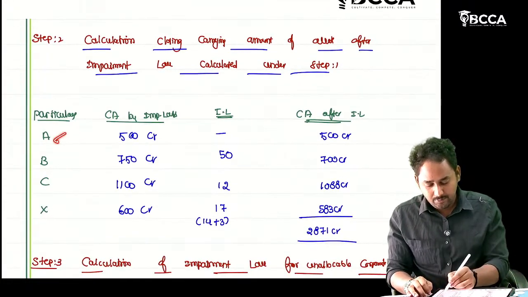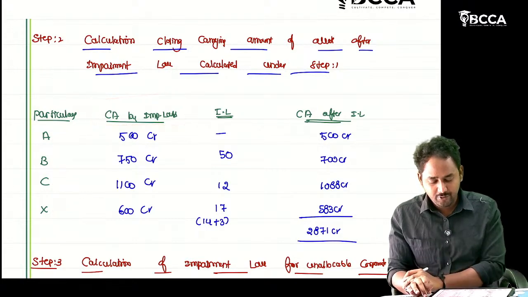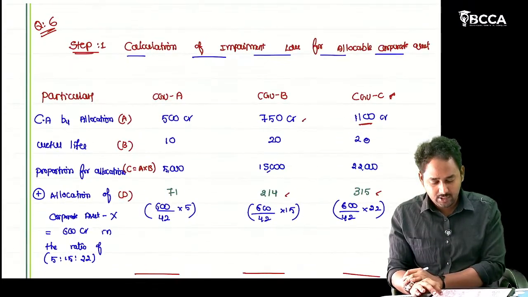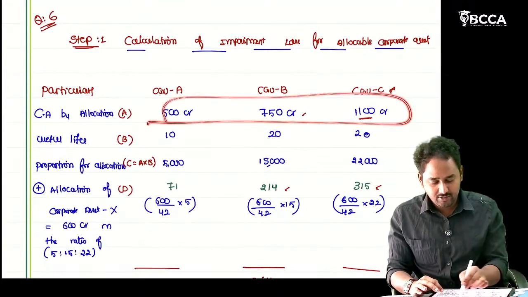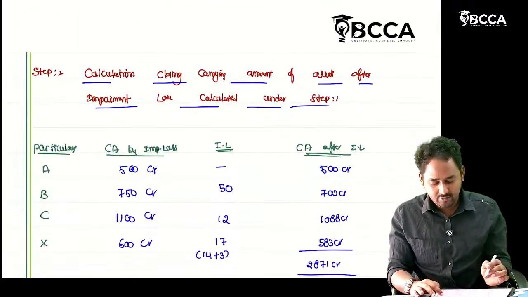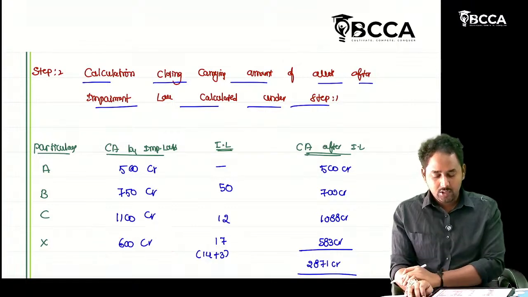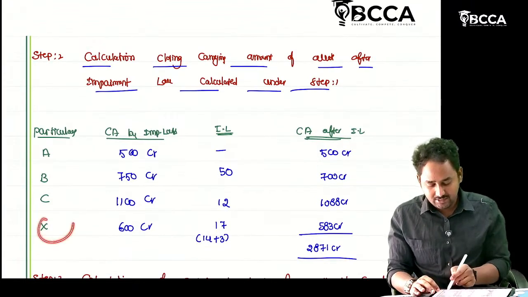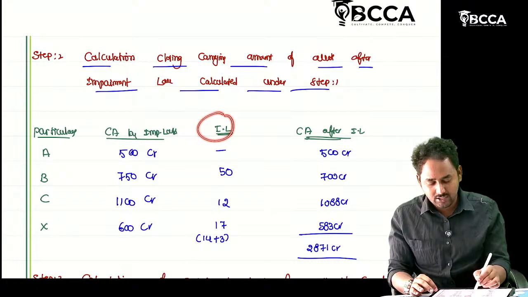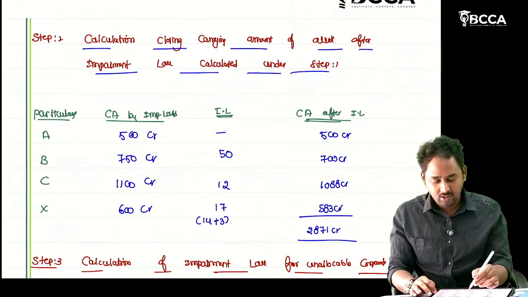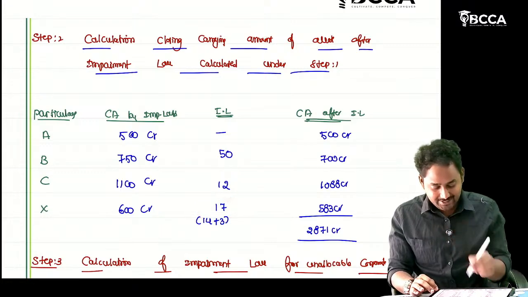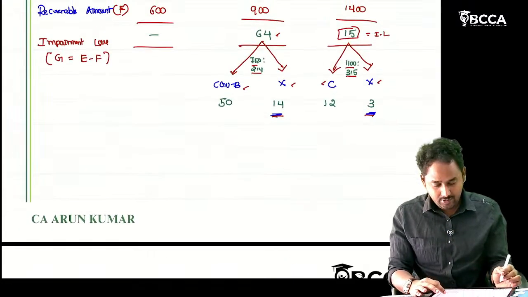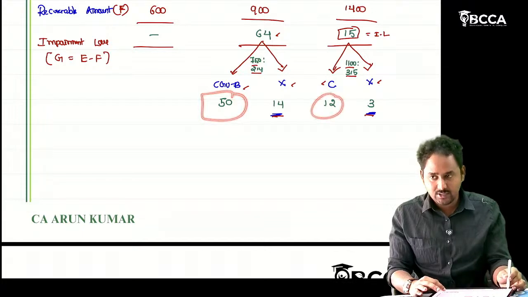So A, B, C and X. These are the carrying amounts before impairment loss: 500, 750, 1100, and what is the carrying amount of X? 600. What is the impairment loss? There is no impairment loss for A, for B it is 50, for C it is 12 and for X it is 17.